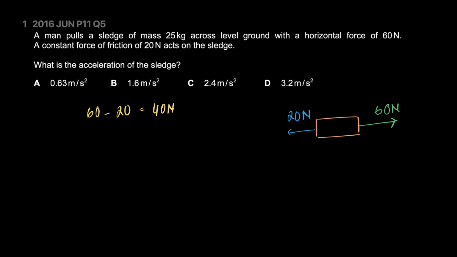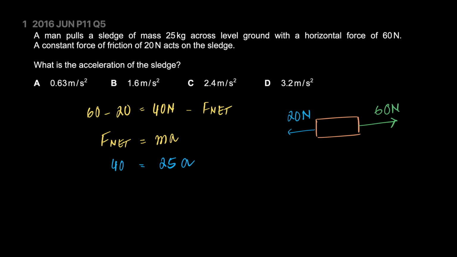Can I find out the acceleration if I know the net force? Yes, I can: F net is equal to the mass times the acceleration. This is 40. The mass is 25 kilograms and acceleration is unknown.